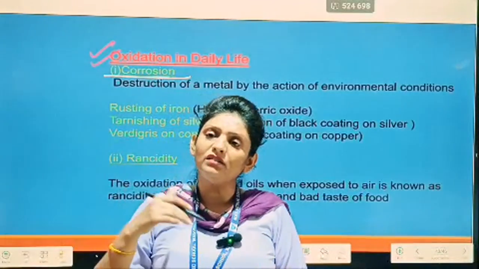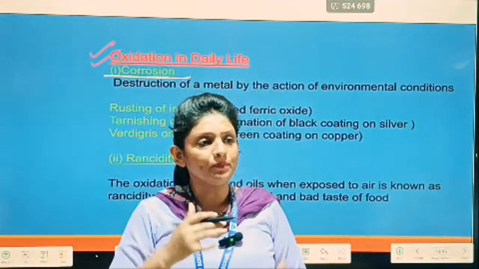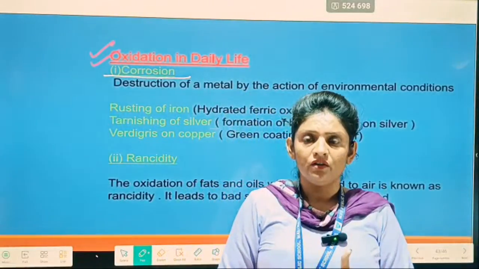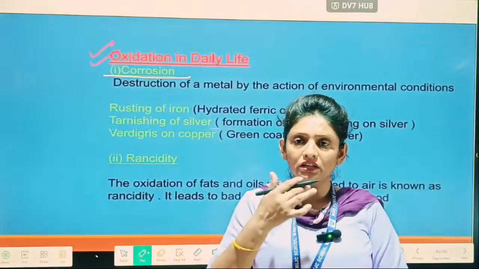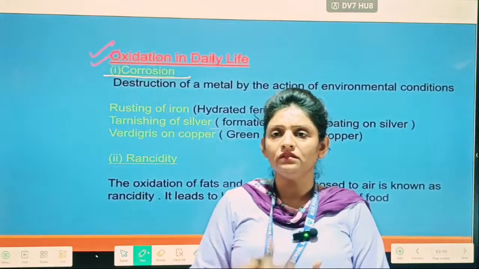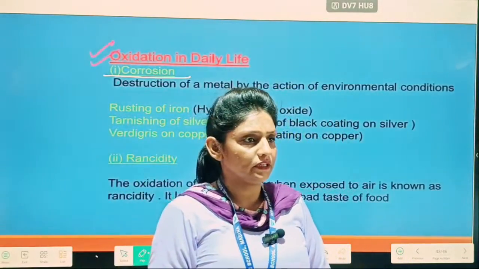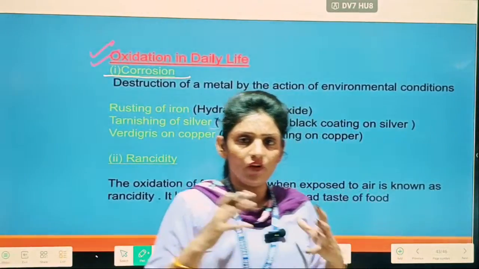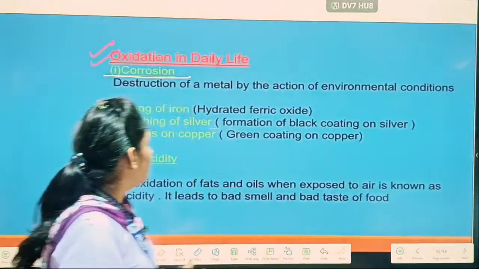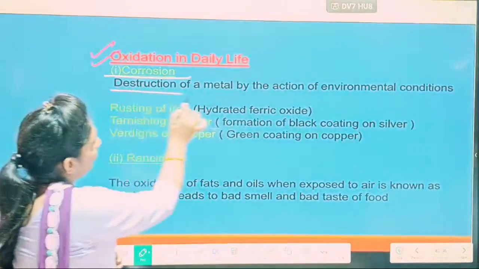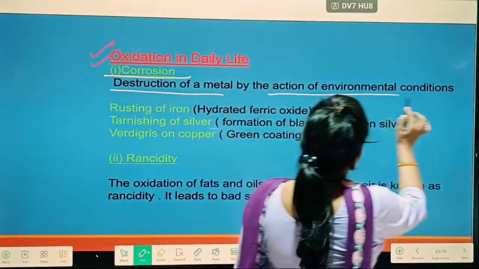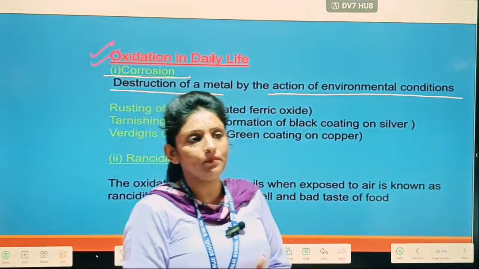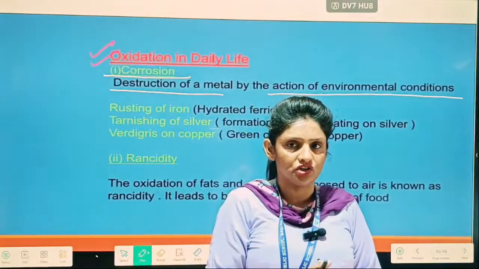Means it becomes corroded, and that process, reaction of metals with oxygen, with other elements present in atmosphere, is known as corrosion. So what do you mean by corrosion? Destruction of metal by action of environmental conditions.